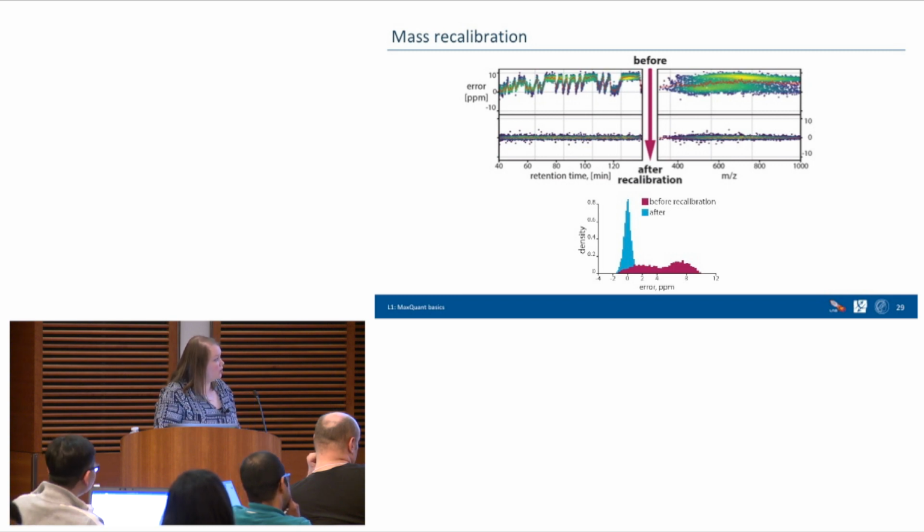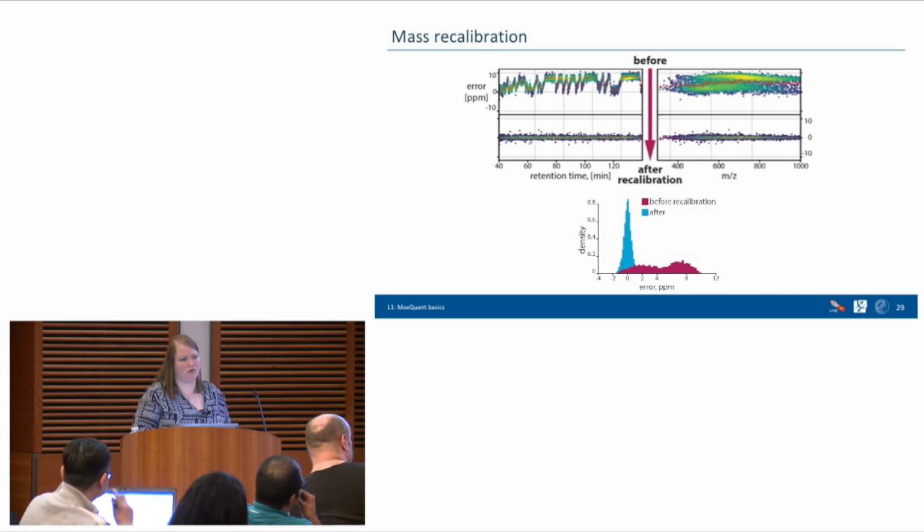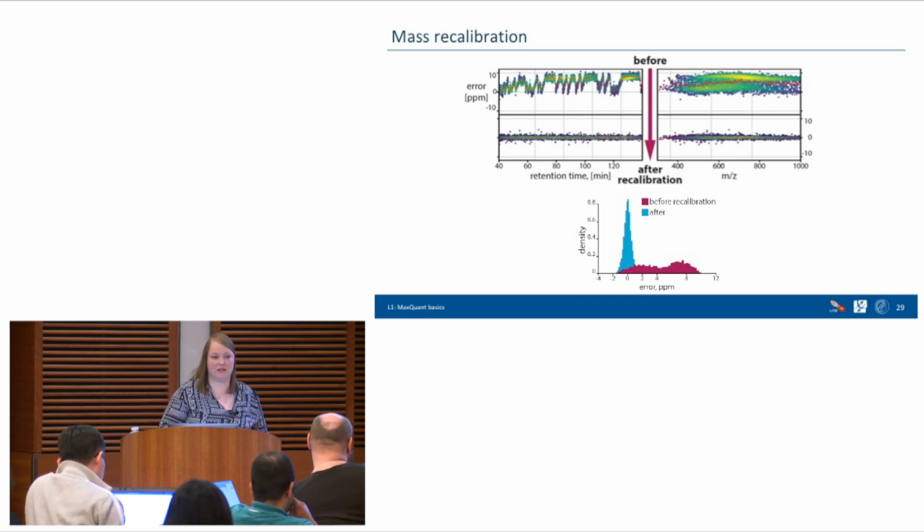At the bottom you can see the histogram of the error before recalibration and after recalibration. Before, you can see that the error is really spread, from 0 up to 10 ppm. After the recalibration, the error is nicely centered around 0 and has a tolerance of 1 ppm.